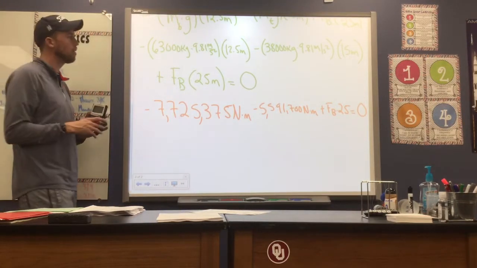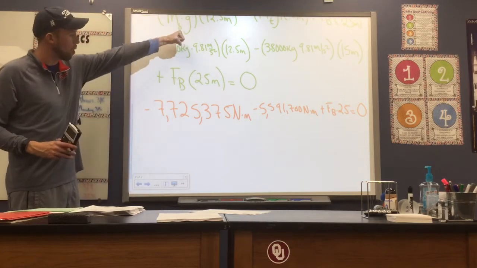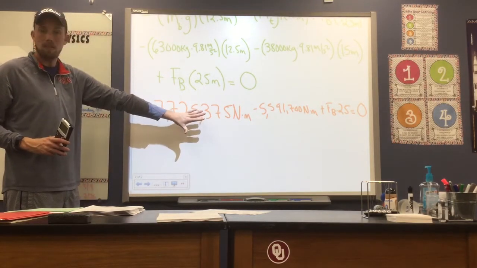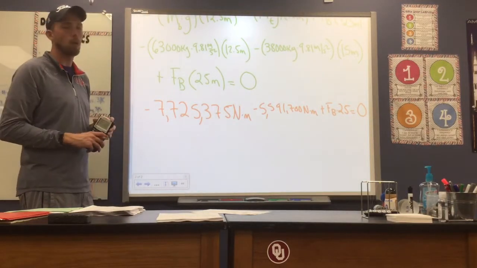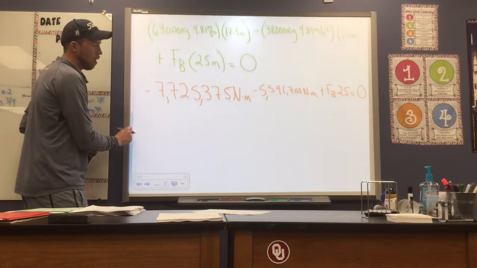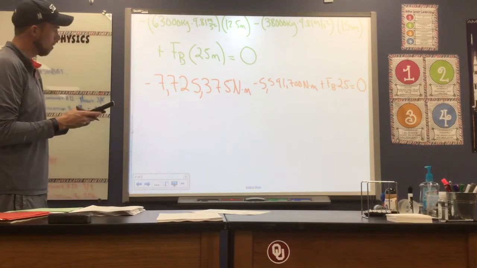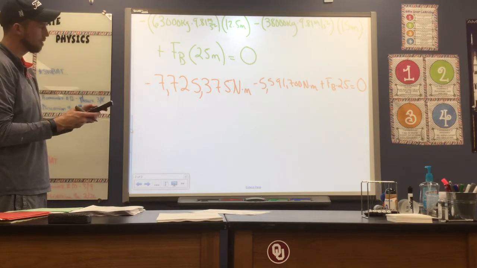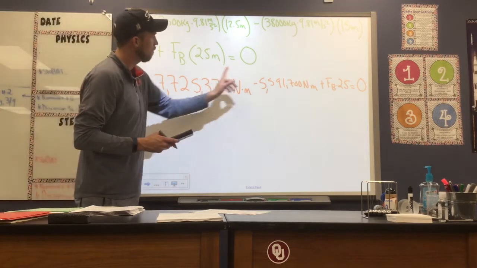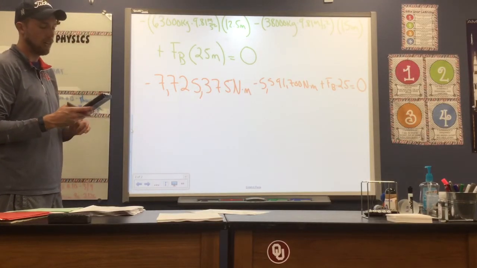So again, all we did in this next step was resolve some of those equations. We found our torque from the mass of the bridge and our torque from gravity working on the truck. So now I'm going to combine these two very large negative numbers. 7,725,375, that's a negative, minus 5,591,700.